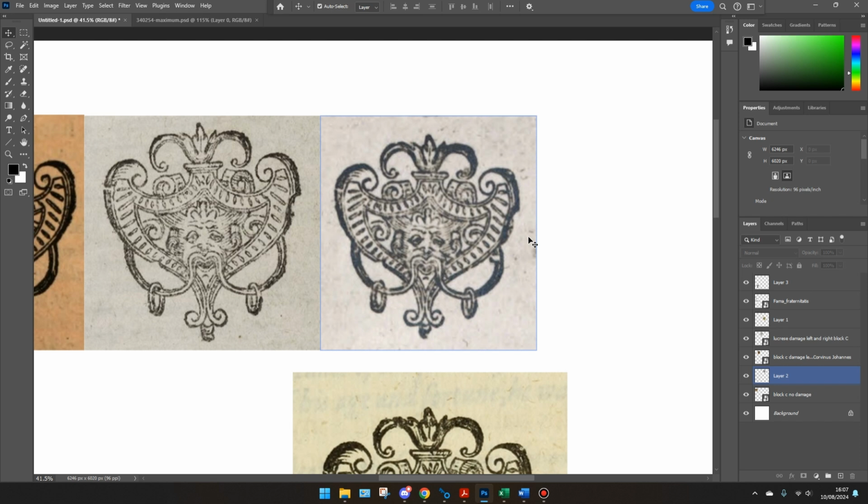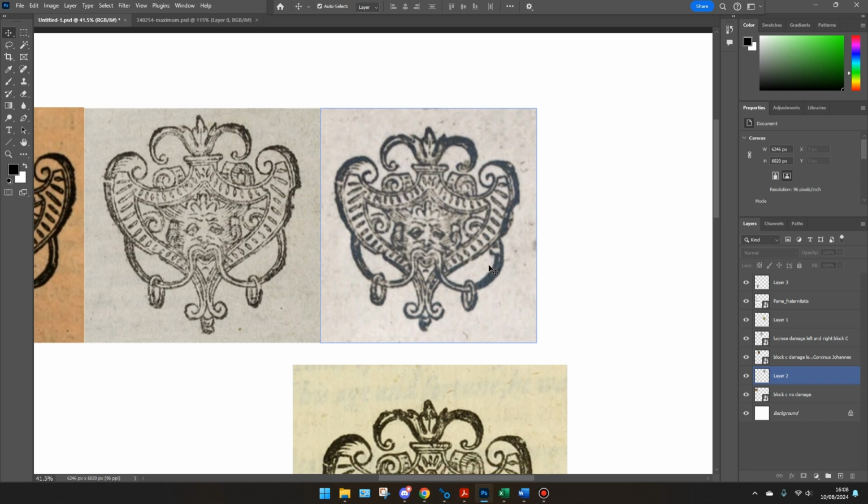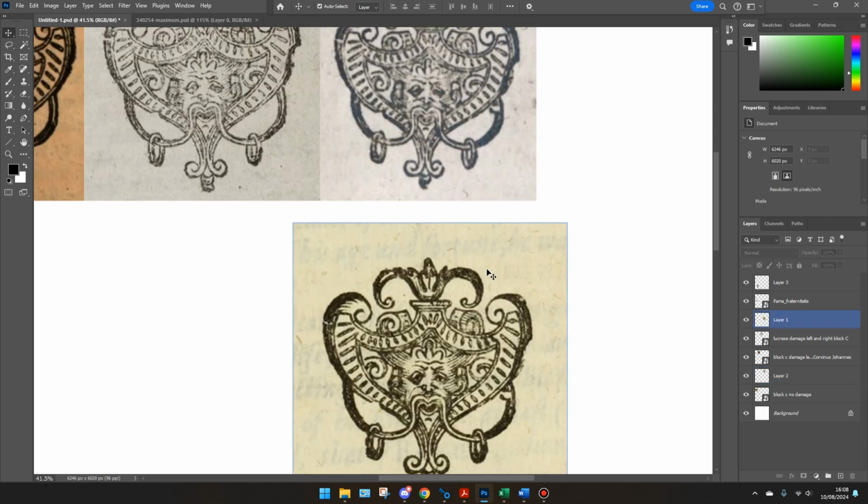What is strange is that if it was something on the block and you inked the block, whatever was on the block would be a solid black dot, because that would also be inked. But if we take a closer look, you can clearly see that it's actually not a solid black dot. So there is something there that seems to be indented, meaning that the ink was not on the inside of the circle.